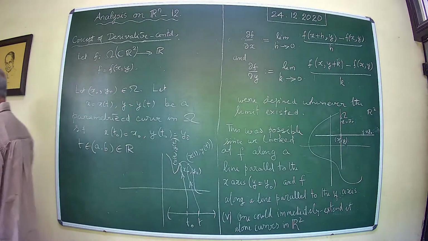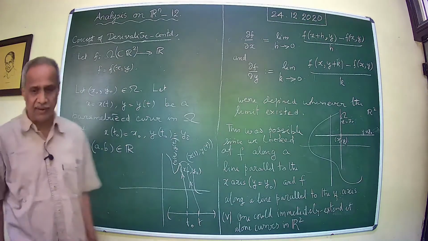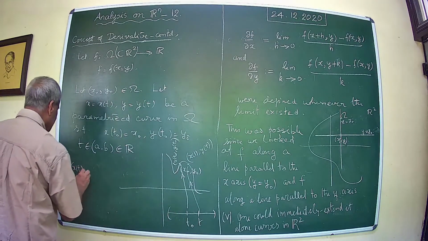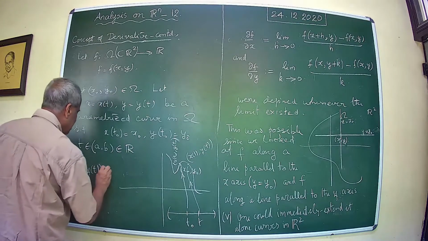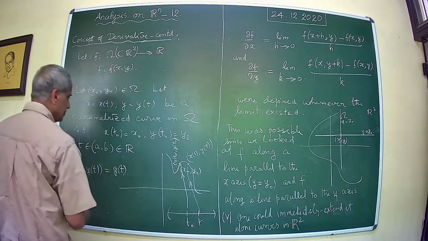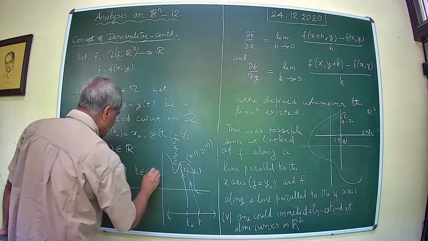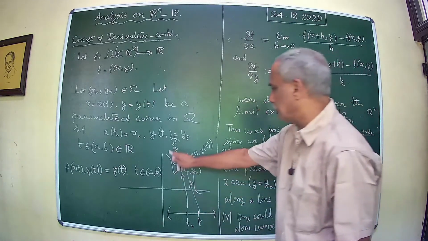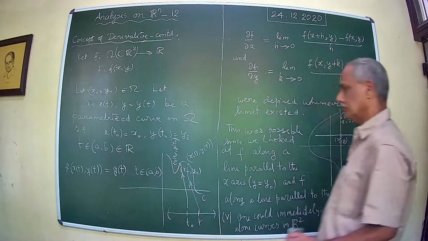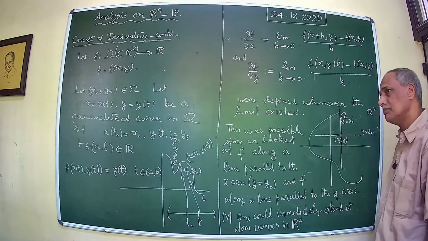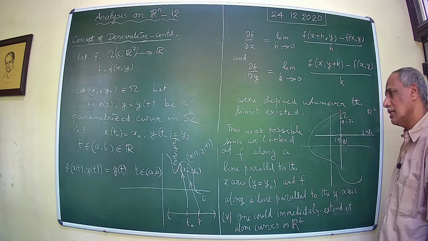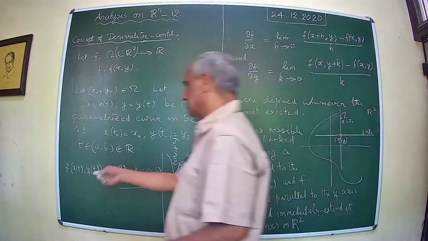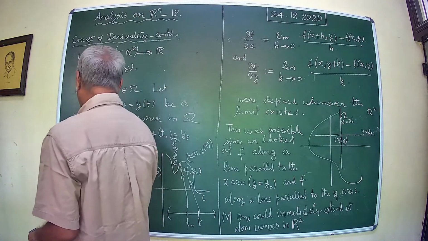Now we can talk about the derivative of this function. So what do you have? f of (x(t), y(t)) is equal to some g(t), with t belonging to T. That means we are not bothered about f anywhere else except along this parameterized curve C. So now you can define the derivative of f along this curve.